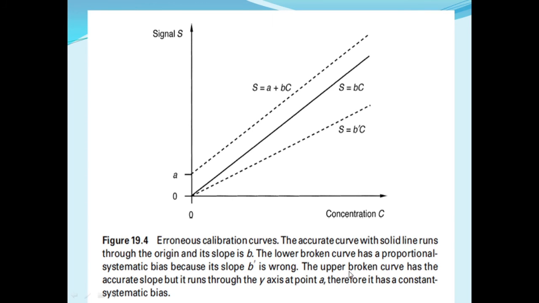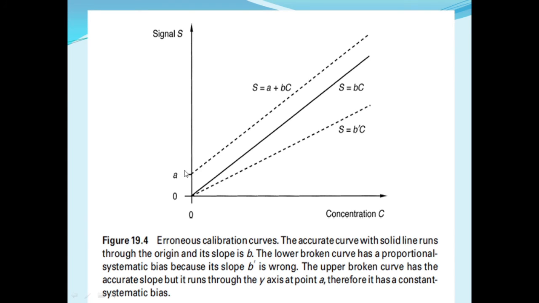The upper broken curve has the accurate slope b, but it runs through the y-axis at point A. Therefore, it has a constant systematic bias. This upper broken curve has the accurate slope b, but it intercepts the y-axis at the point A and has constant systematic bias.